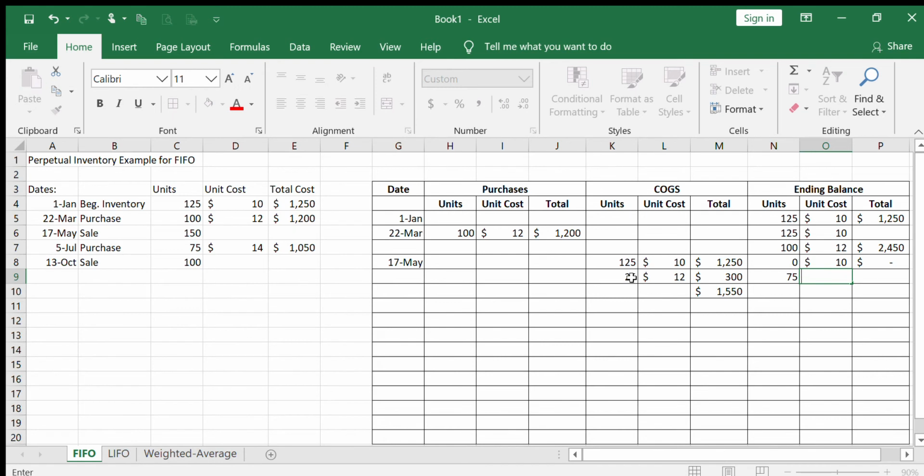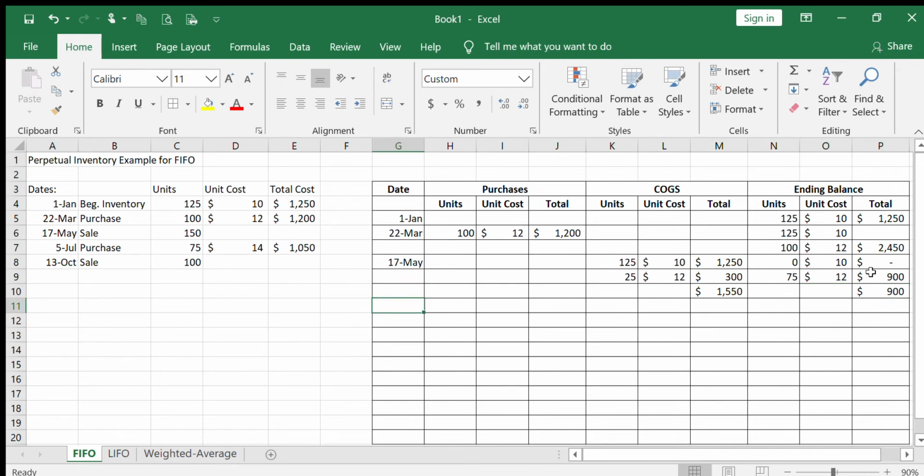It cost $12. And we will multiply those two together. And this is our total ending inventory. So we have 900. We have our 0, our 0 plus our 900, and that is our total inventory amount at the moment after our sale.